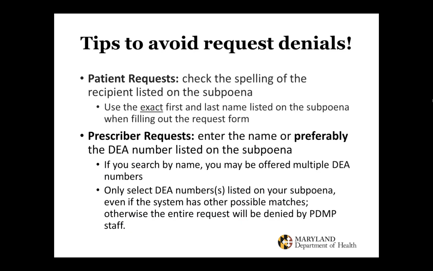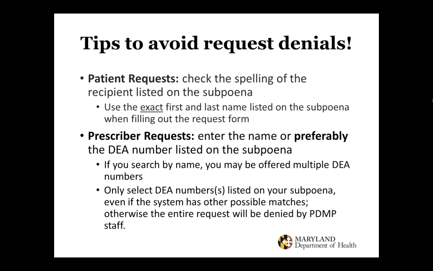How can you avoid getting your PDMP data request denied? Here are some tips. When you're making a patient request, be sure to double check the spelling of the recipient listed on your subpoena and is entered in the RxGov platform. For prescribers, we always suggest using the DEA number or DEA numbers associated with that prescriber to make your request. That's going to give you the most specific results.